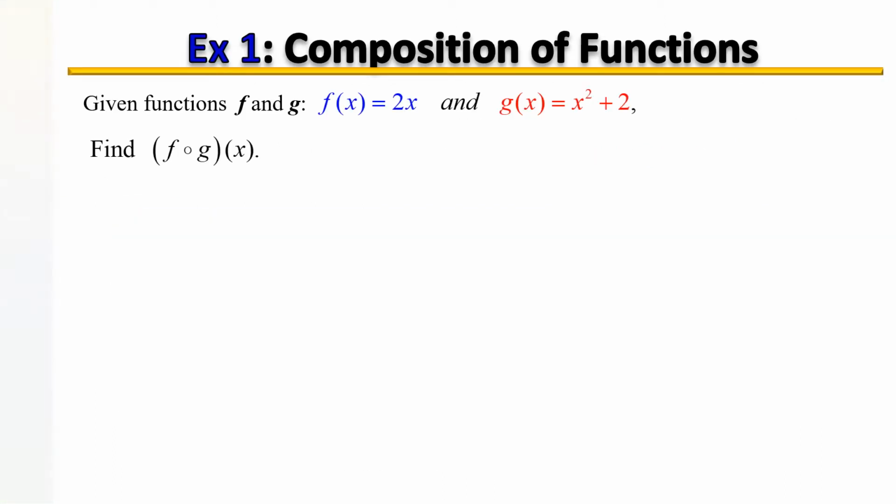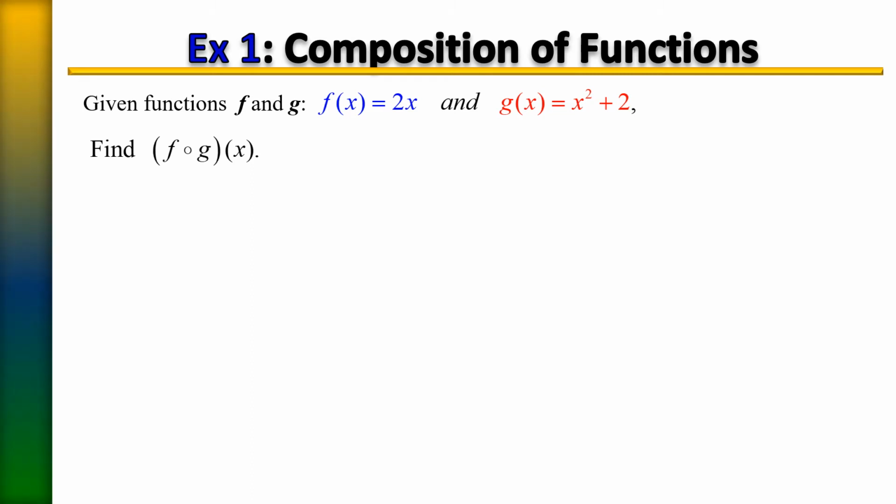In this example, we are given the functions f and g and asked to find f of g of x. That means since the function g was last mentioned, this is the function we're going to plug into the first function. So we're going to take g and plug it inside function f.